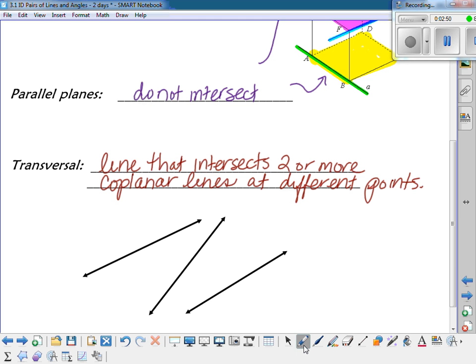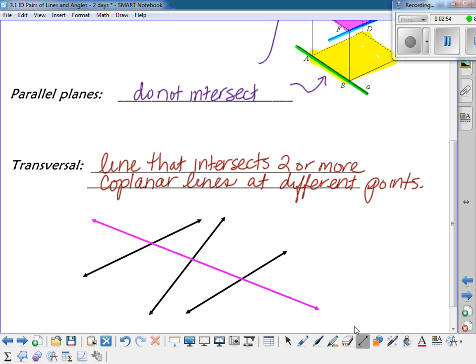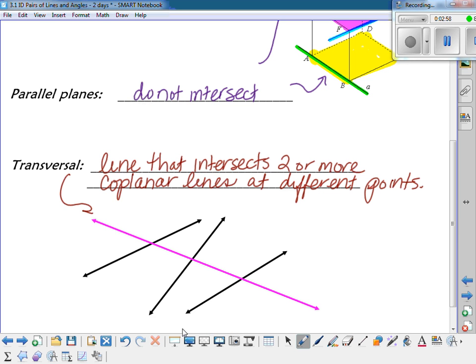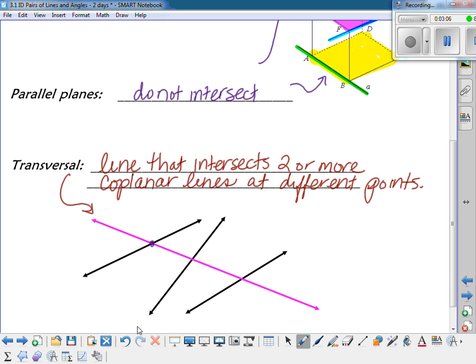So in my figure here, I've got three lines, kind of random there. My transversal would be the pink line that I just drew, because it intersects those three lines in three different points. Here, here, and here.